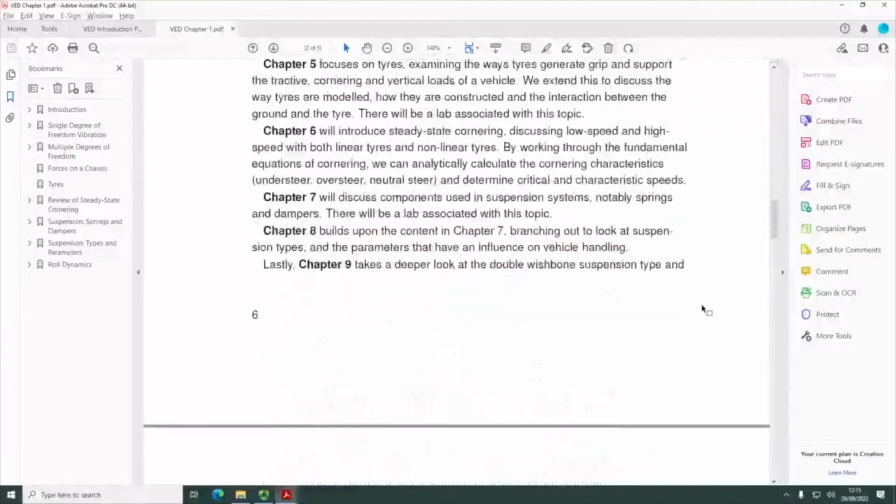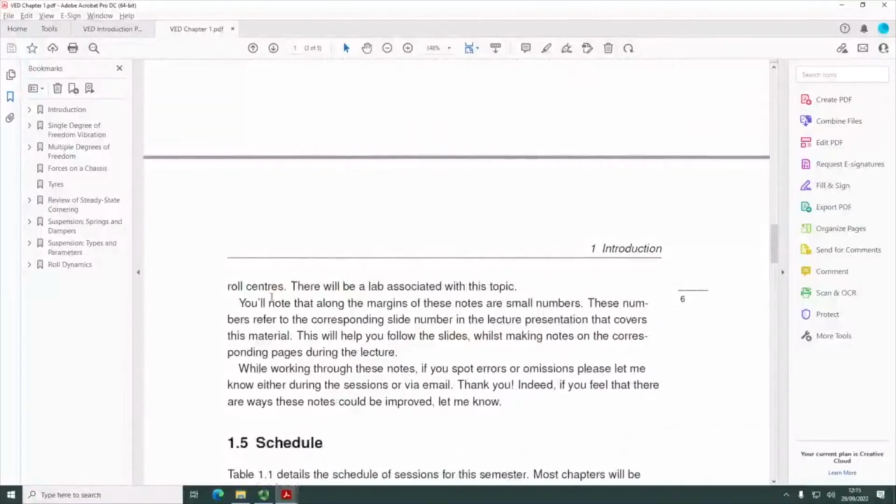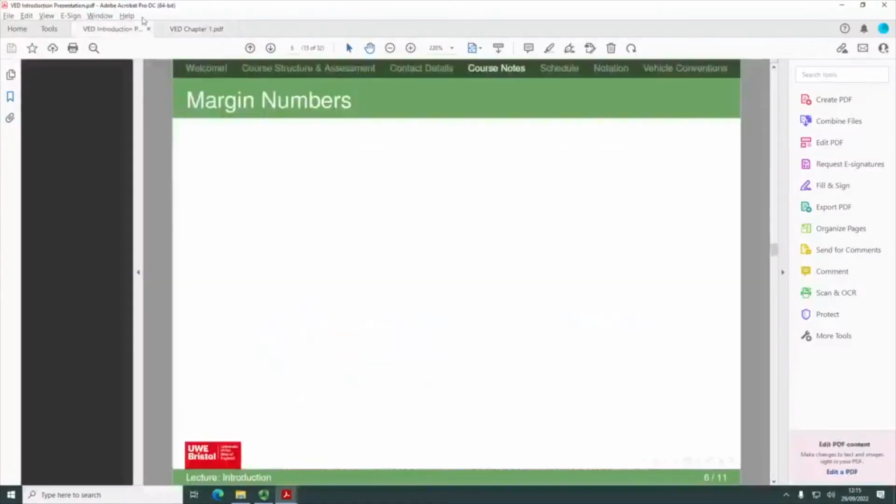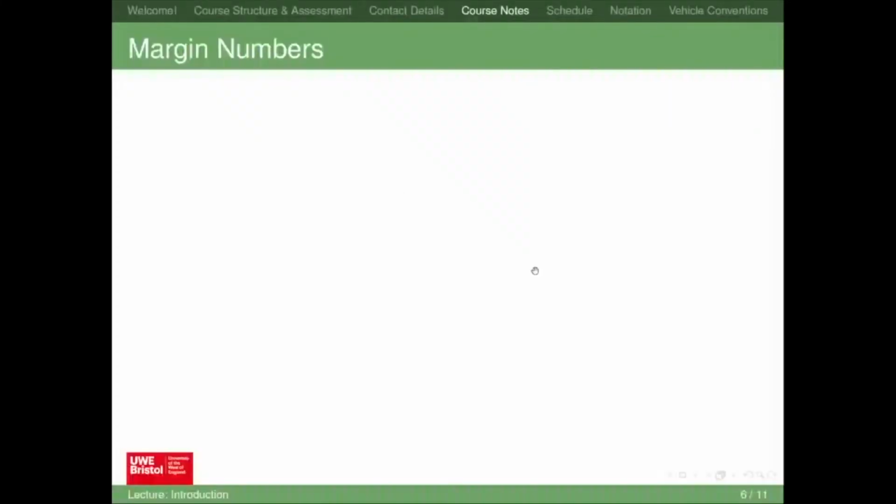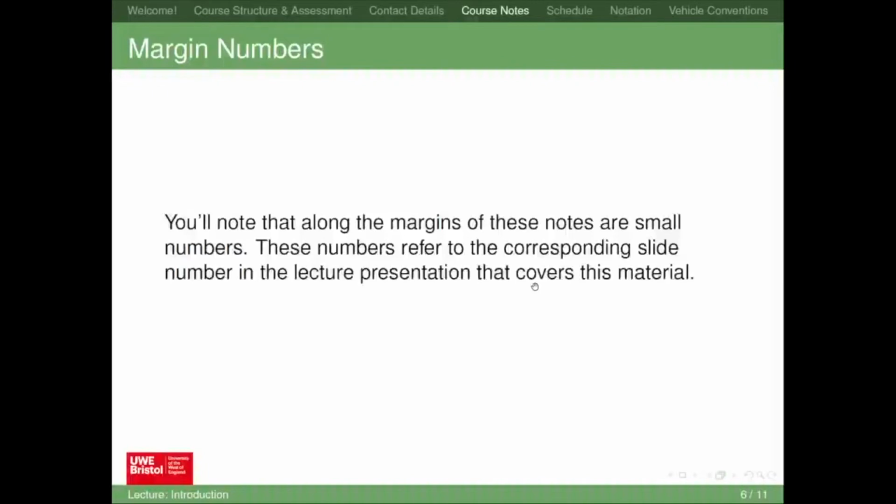If you go down to slide 6, you'll see there's a bit along the margins of these course notes. If I go back to the presentation, we're actually on slide 6 at the moment, and it has the same text. So if you're watching a lecture, watching the recording, or going through the slides, you can read along with the notes, and they're all linked together.